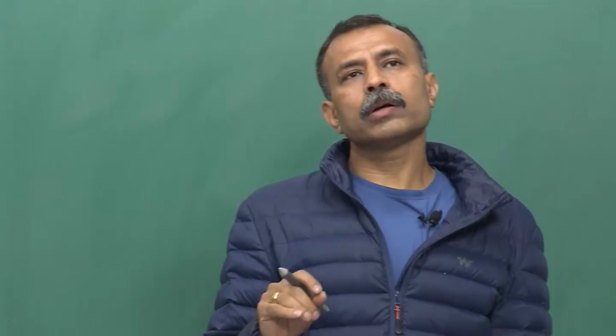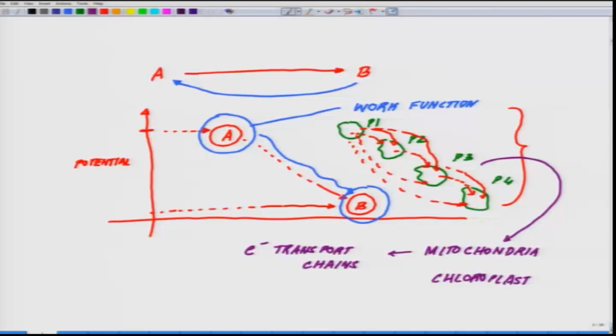Now, when we talk about the flow of charges, now comes the next concept. Conceptually, there are two processes which happen in nature. One process is called oxidation, the other process is called reduction.